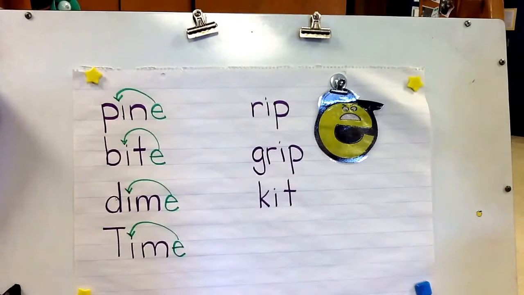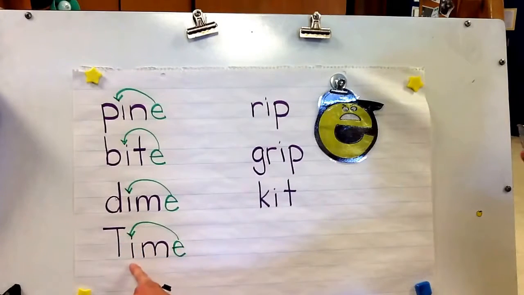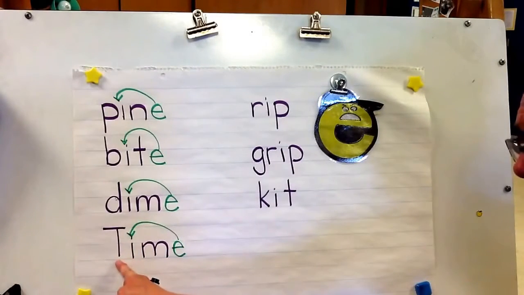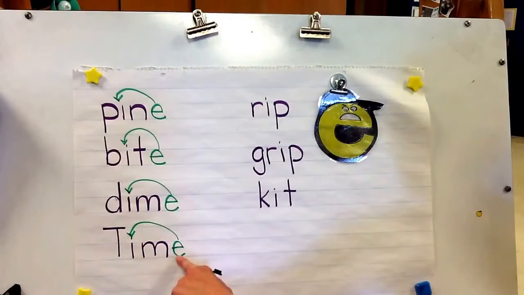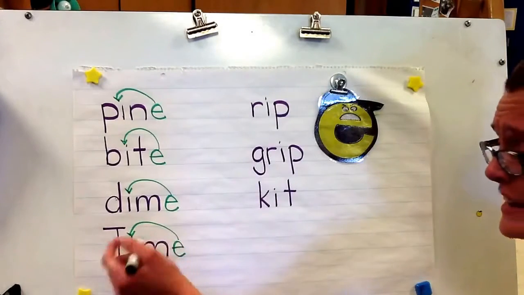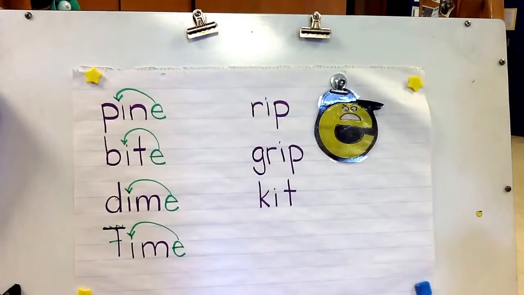So guess what happens? That I now says /ī/. So let's read this word together. Time. So now Tim is turned to time, so this is not a name. So it's not capitalized anymore, is it? So we need that lowercase t.